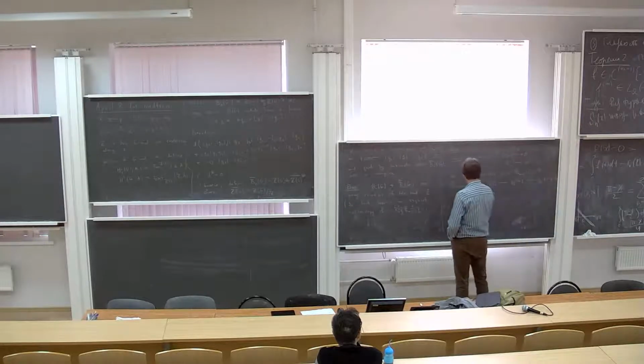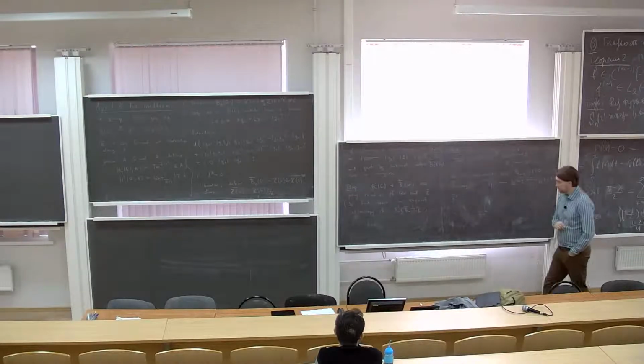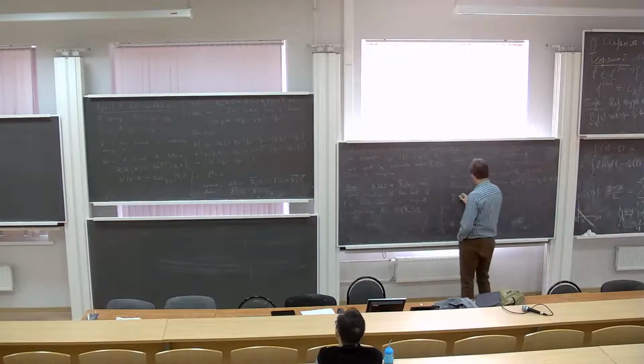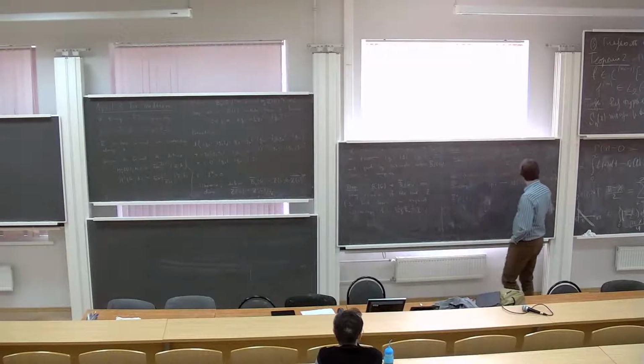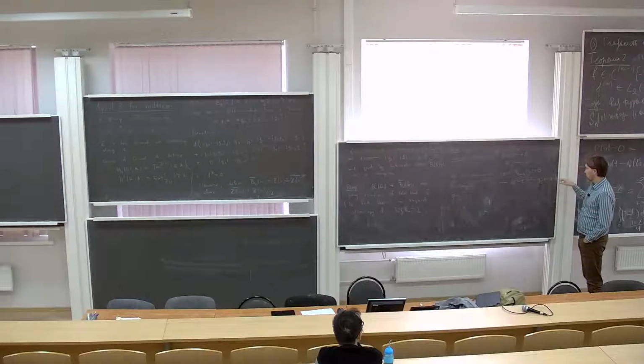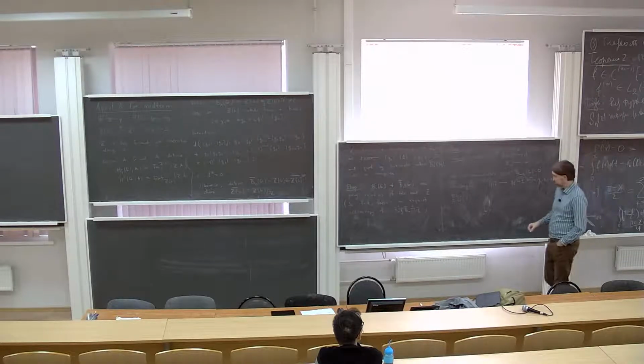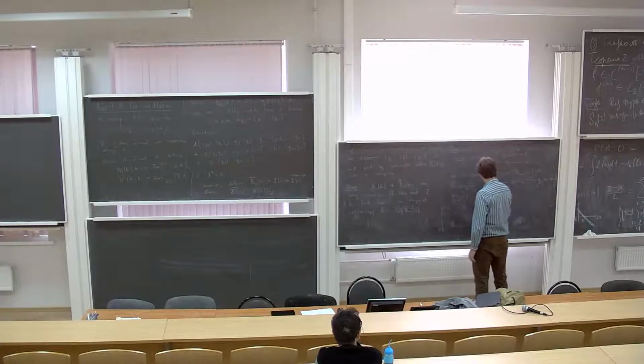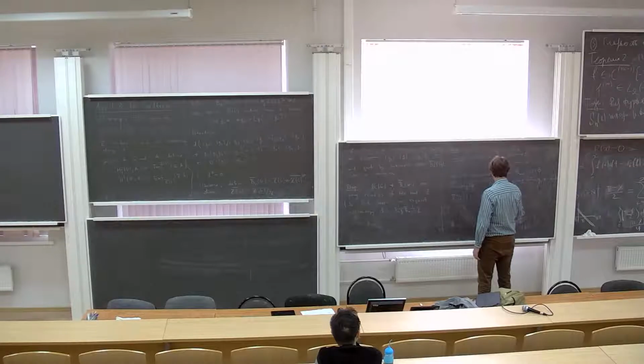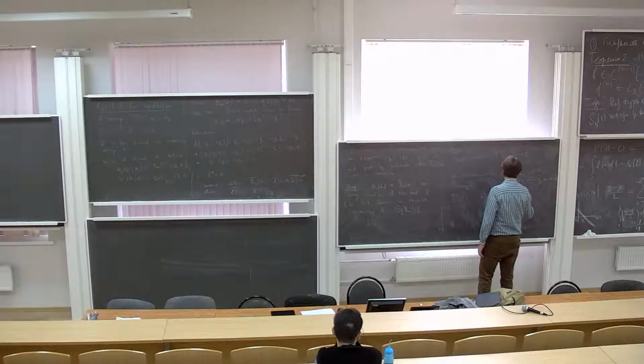So the conclusion is that the reduced 0 cocycles of G with coefficients in A are elements A such that G times A equals A for all G. And those are exactly the invariants. This is A such that G dot A equals A for all G.